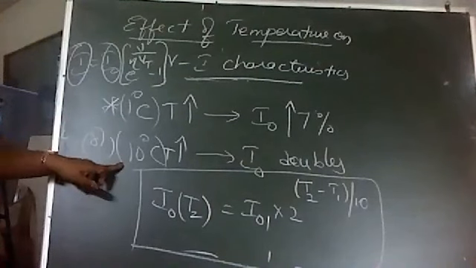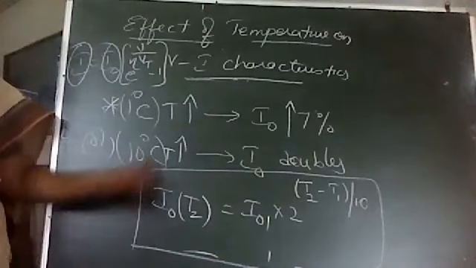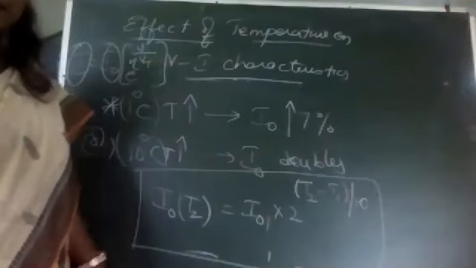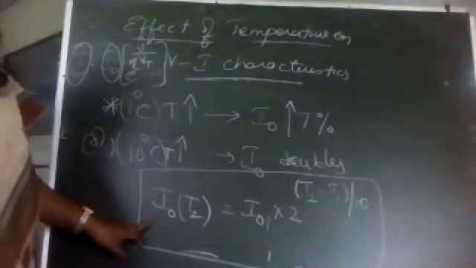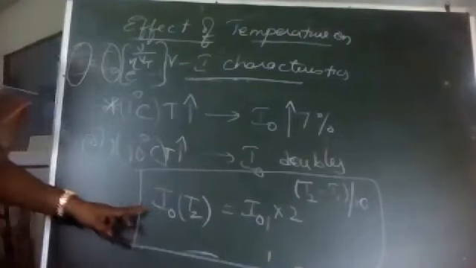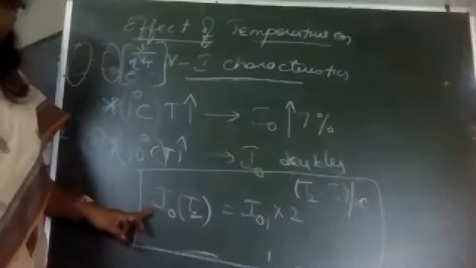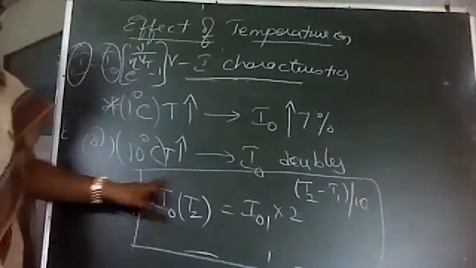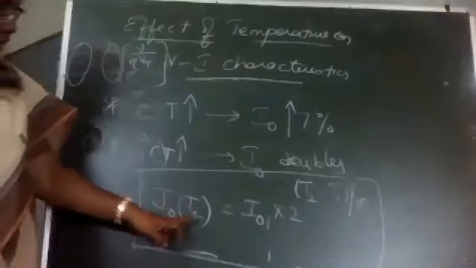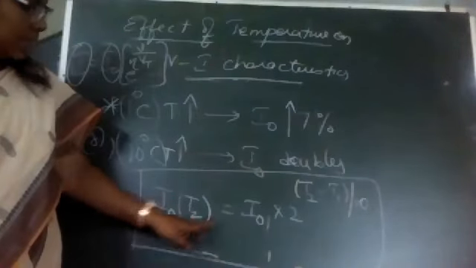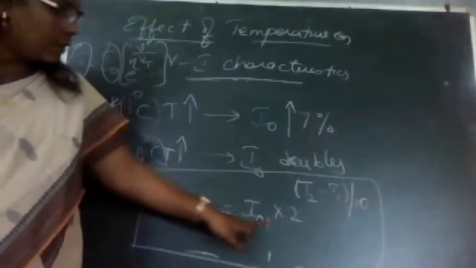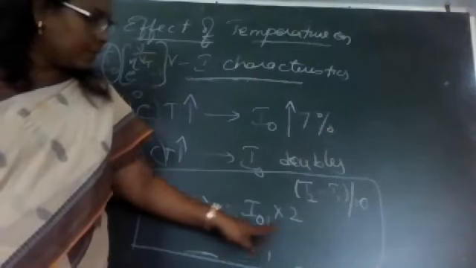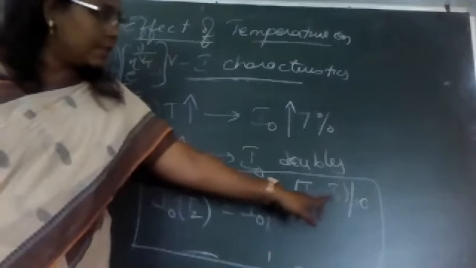Let us say you are given a temperature change which is greater than 10 degrees. How can we evaluate the reverse saturation current? For that, this is the expression. Usually this is what you will be expecting questions on in the examination. So I naught of T2, the reverse saturation current at temperature T2, can be obtained as I naught 1, the reverse saturation current at temperature T1, into 2 power (T2 minus T1) by 10.